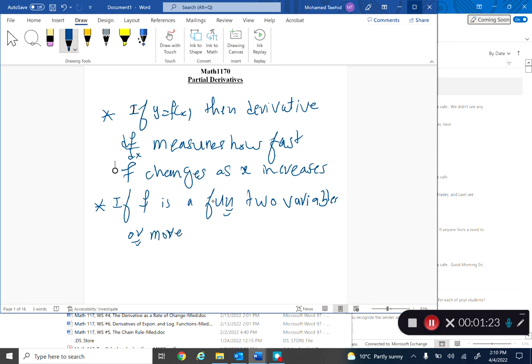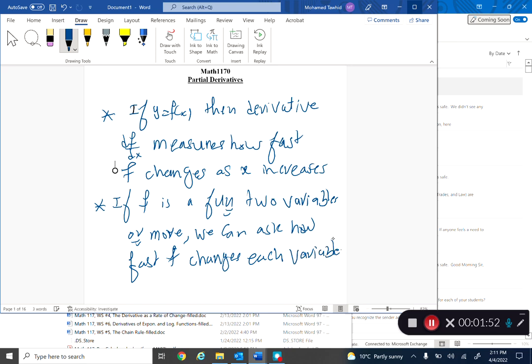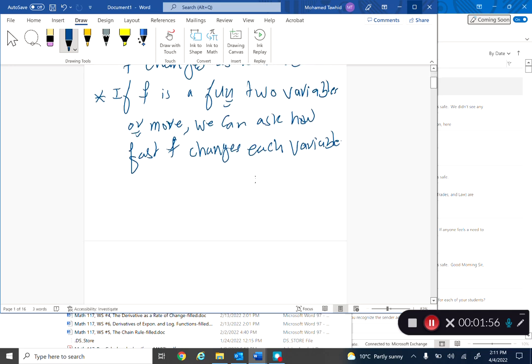Then we can ask the same question: how fast does the function f change as each variable increases, while the other variables remain fixed?